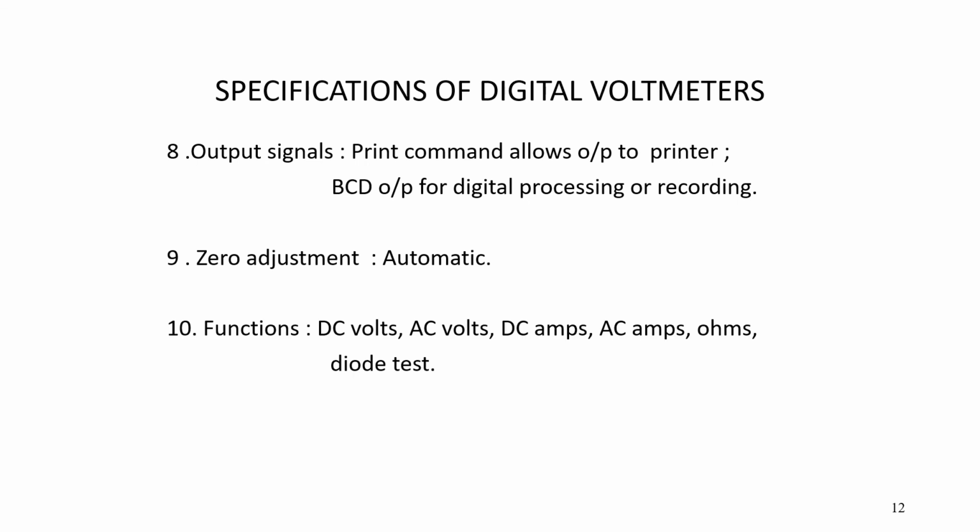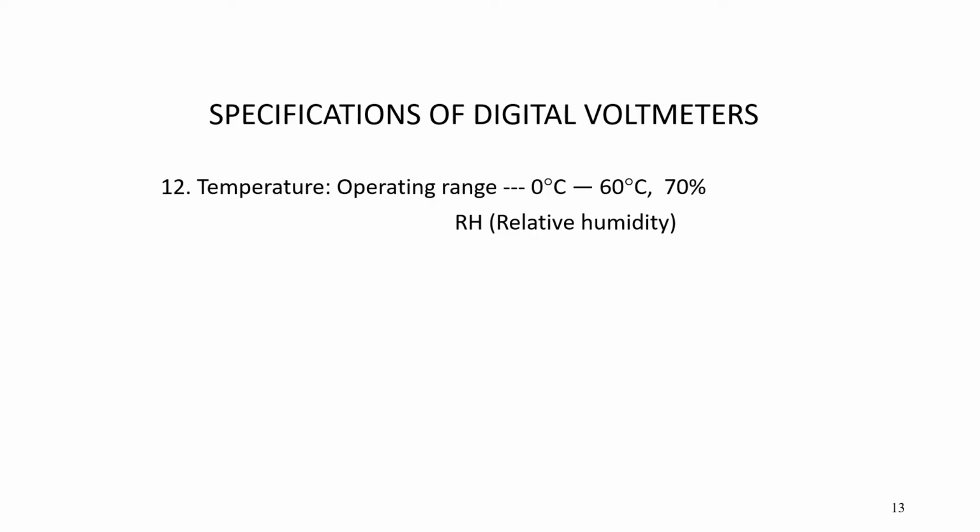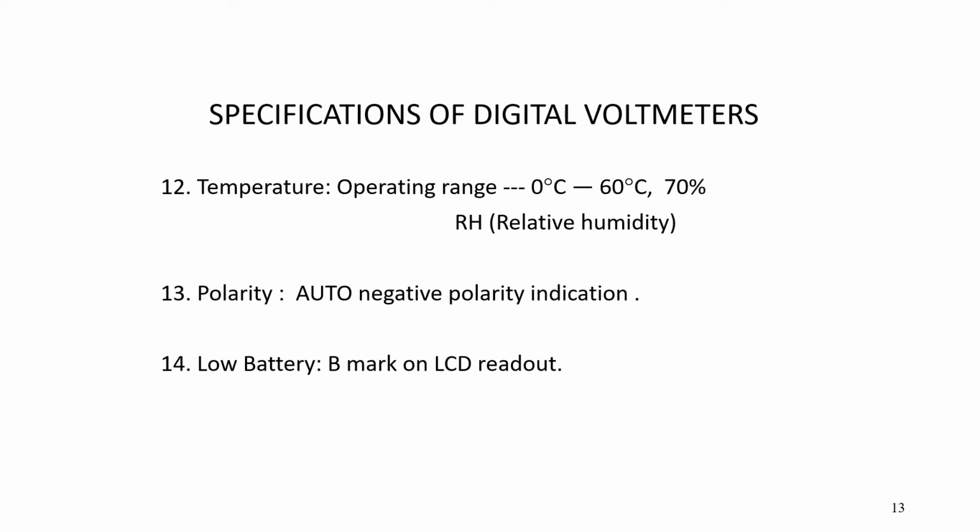The functions we can measure are DC voltage, AC voltage, DC amps, AC amps, diode testing, and resistance, with the switch selected as desired. The operating temperature range is from 0 to 60 degrees. For polarity, there is auto negative polarity indication, and for low battery, there is a mark on the LCD readout.